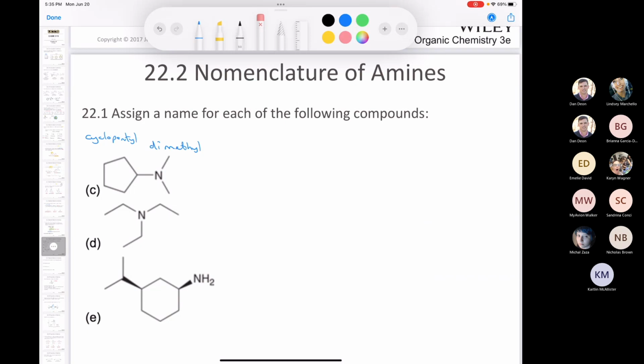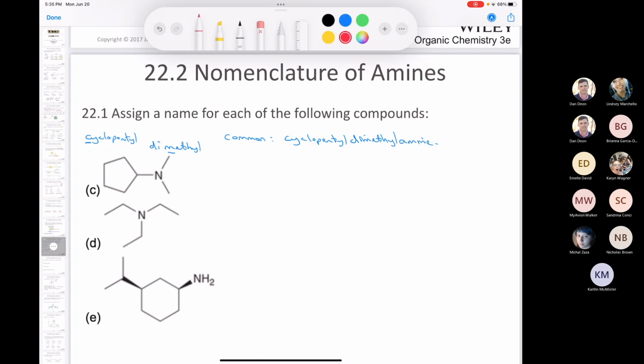And how do we alphabetize them? Well, remember, you ignore prefixes except iso, cyclo, and neo. So we have C and we have M. So the common name will be cyclopentyl dimethylamine. So that's the common way.